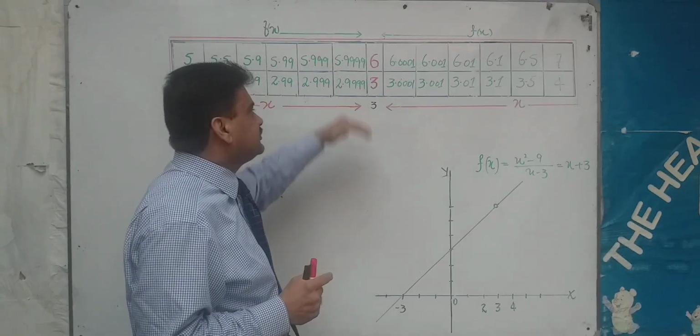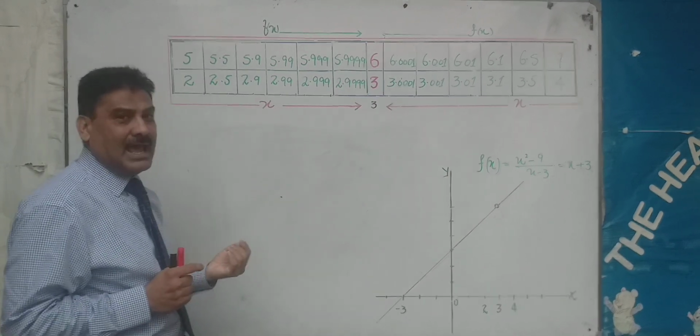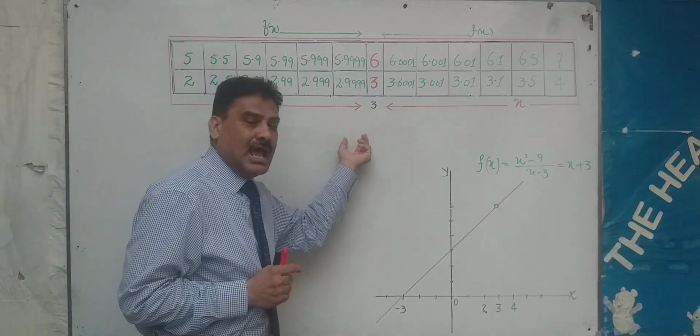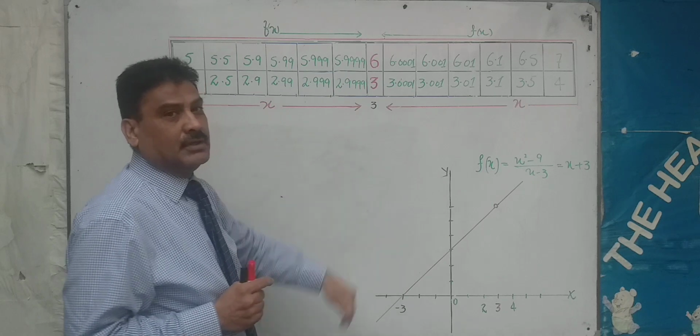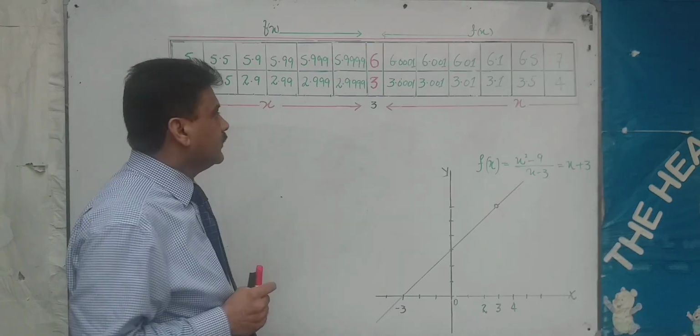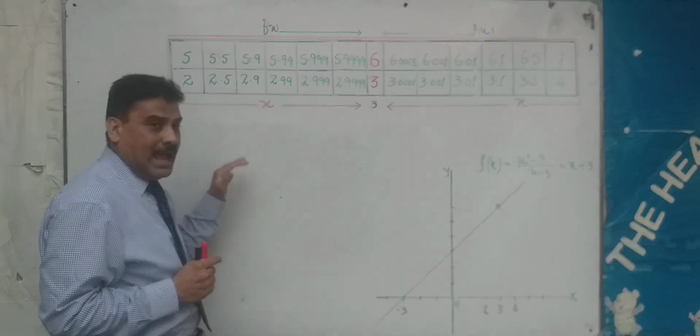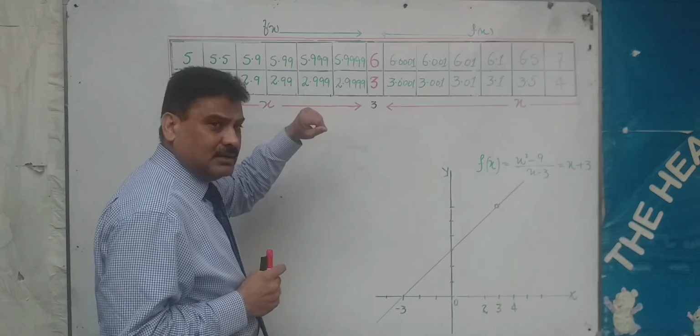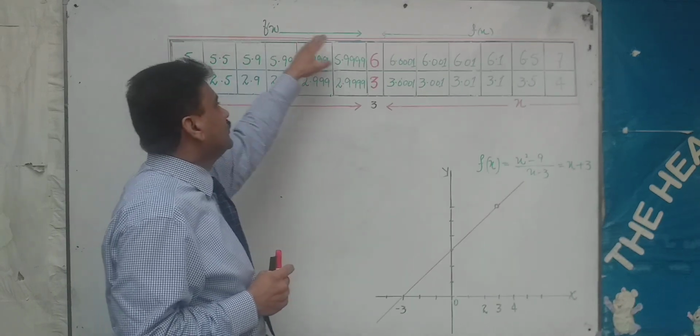It appears from this table that as x approaches 3, f of x approaches 6.